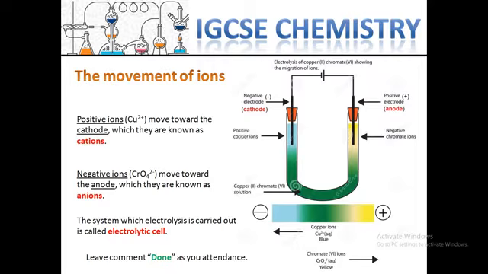Movement of the ions. First of all, I need to explain the system of liquid electrolysis. This is an example of copper(II) chromate(VI), in a U-shaped tube. Here the copper(II) chromate solution is in water.